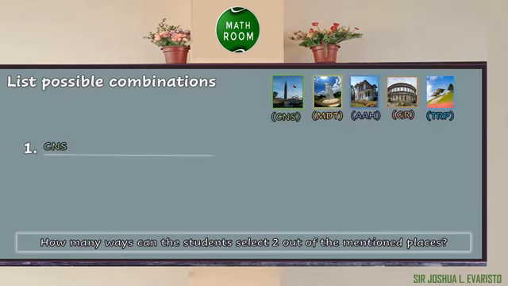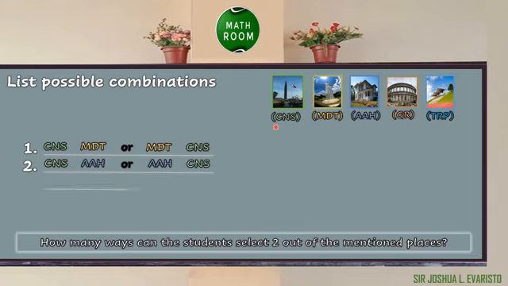First, they can choose Capas National Shrine followed by Monasterio de Tarlac, or Monasterio de Tarlac followed by Capas National Shrine. This is considered as one when it comes to combination, since the arrangement is not important. Next, the students can choose Capas National Shrine followed by Aquino Ancestral Home, or Aquino Ancestral Home followed by Capas National Shrine.